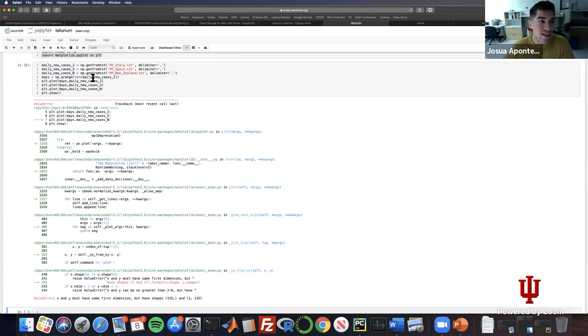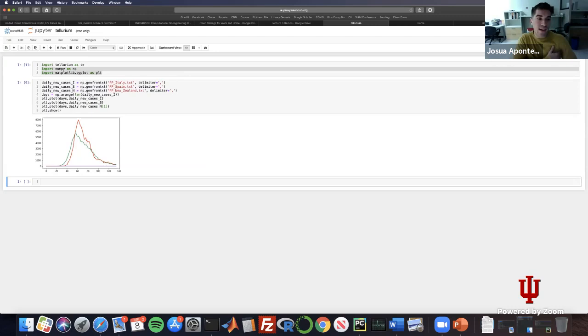I think the New Zealand data that I uploaded also has the number of deaths per day. So that's why I'm selecting the first row, because that's the number of deaths. So that is the number of infections in New Zealand.